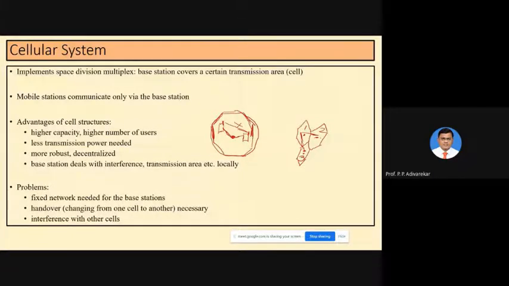For each particular cell, there will be a requirement of a fixed network for the base station also. So that is one of the limitations, or problems encountered in the cellular system, because infrastructure will be increased, because smaller individual cells require base stations and so on.